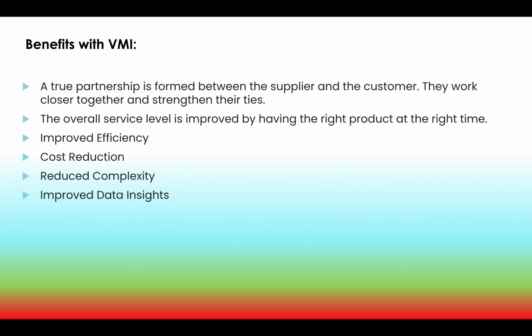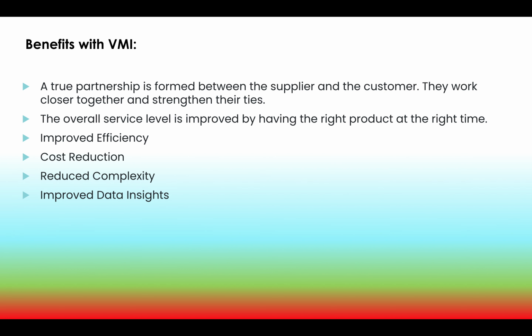Cost reduction. Here we eliminate the sales order process. The supplier plans the demand, and based on the demand he will make the product. So cost also reduces, because he will make whatever inventory is required, so you don't need extra inventory.